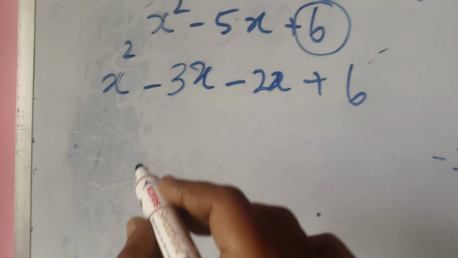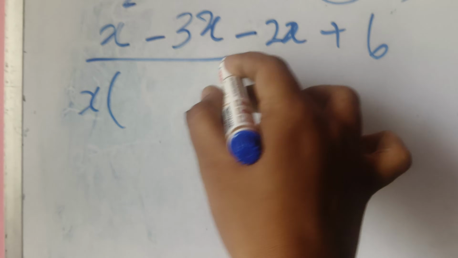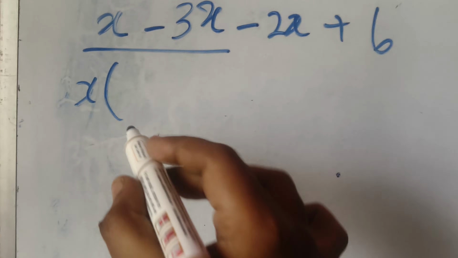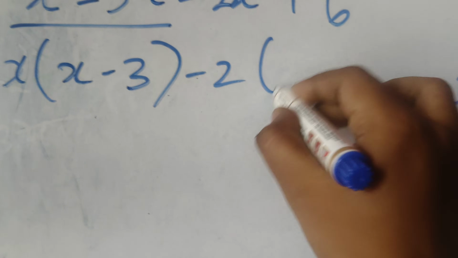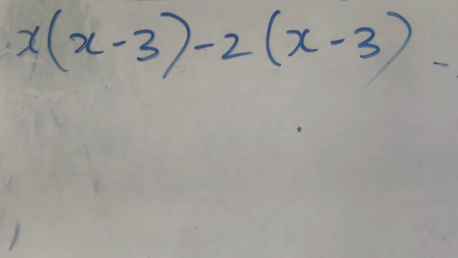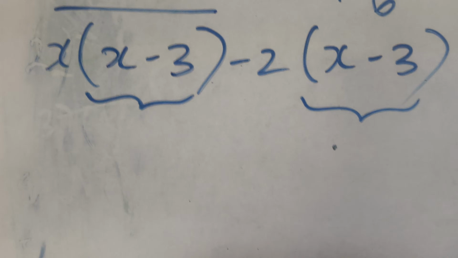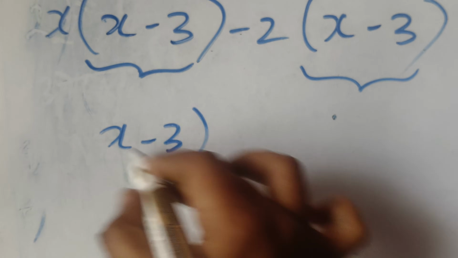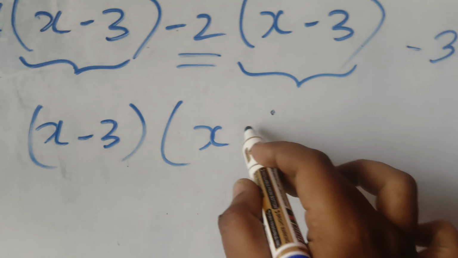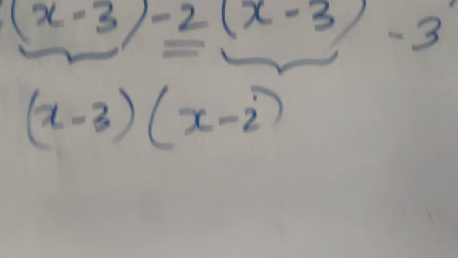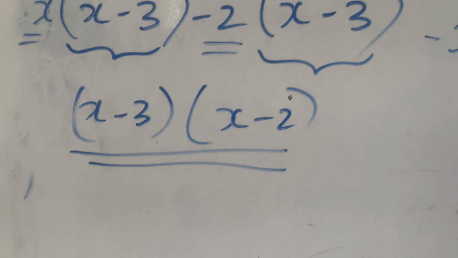Now we take the common term among these two, x square minus 3x. The common term is only x. So it is x minus 3, and minus 2, again x minus 3. So this is a common factor, x minus 3, which is written once, and the remaining is x minus 2. So these are the two factors of this polynomial.